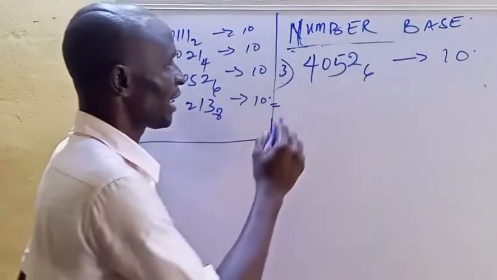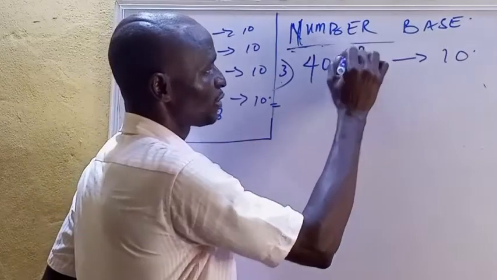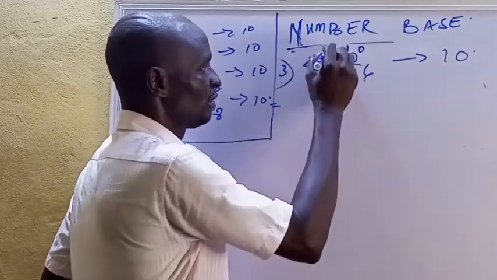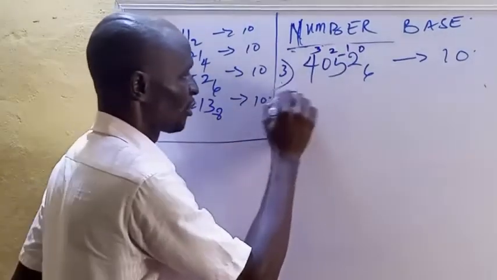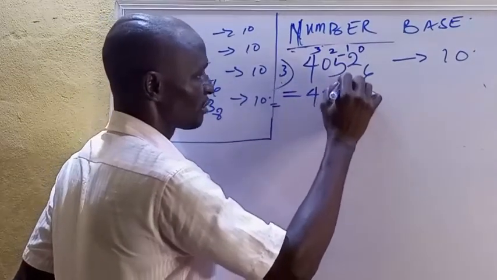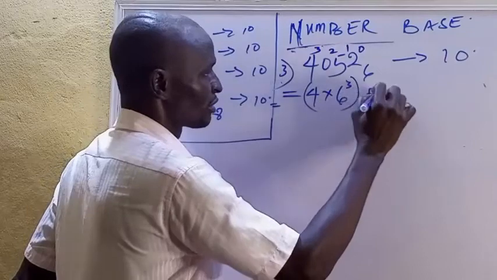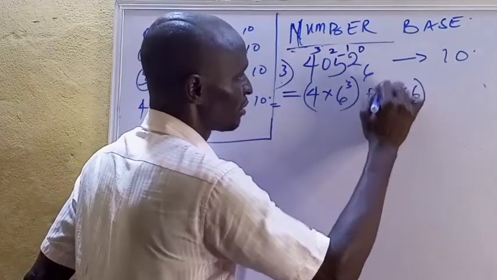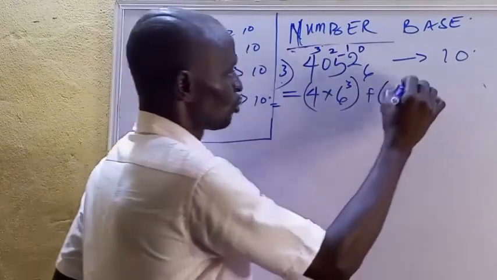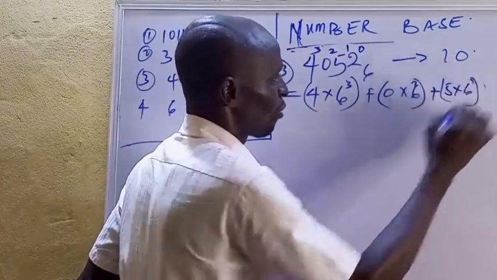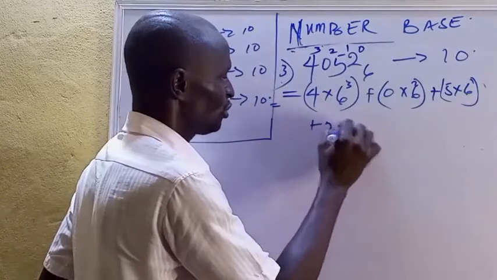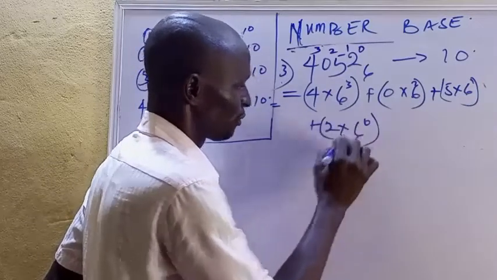Now we're going to, in our expansion process, remember that this will be raised to power 0, power 1, power 2, and here will be power 3. It becomes 4 times 6 raised to power 3 plus 0 times 6 raised to power 2 plus 5 times 6 raised to power 1 plus 2 times 6 raised to power 0.